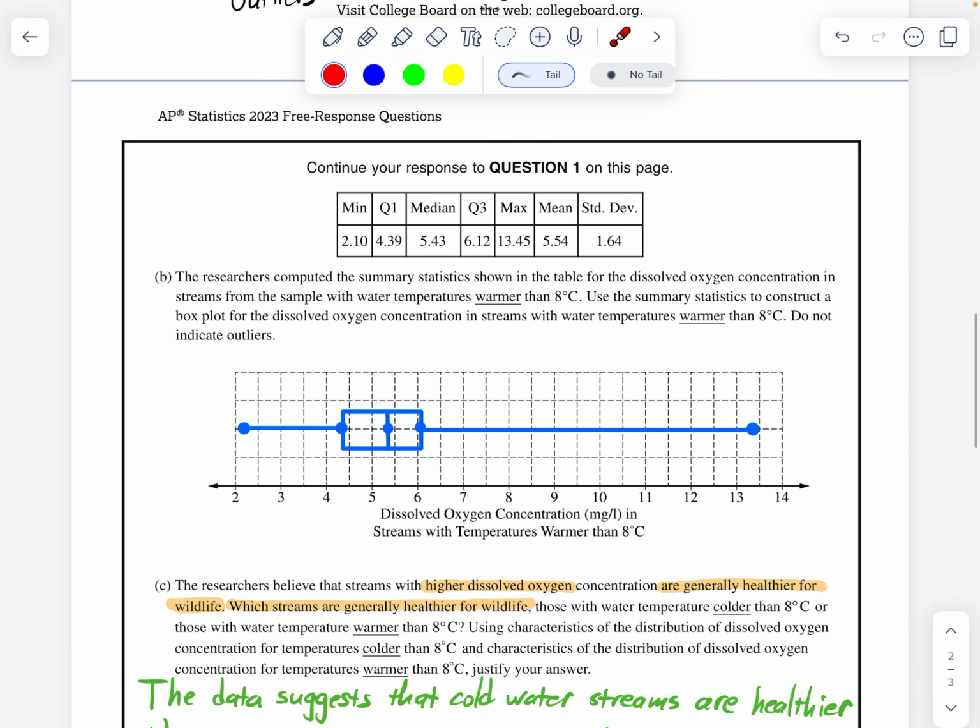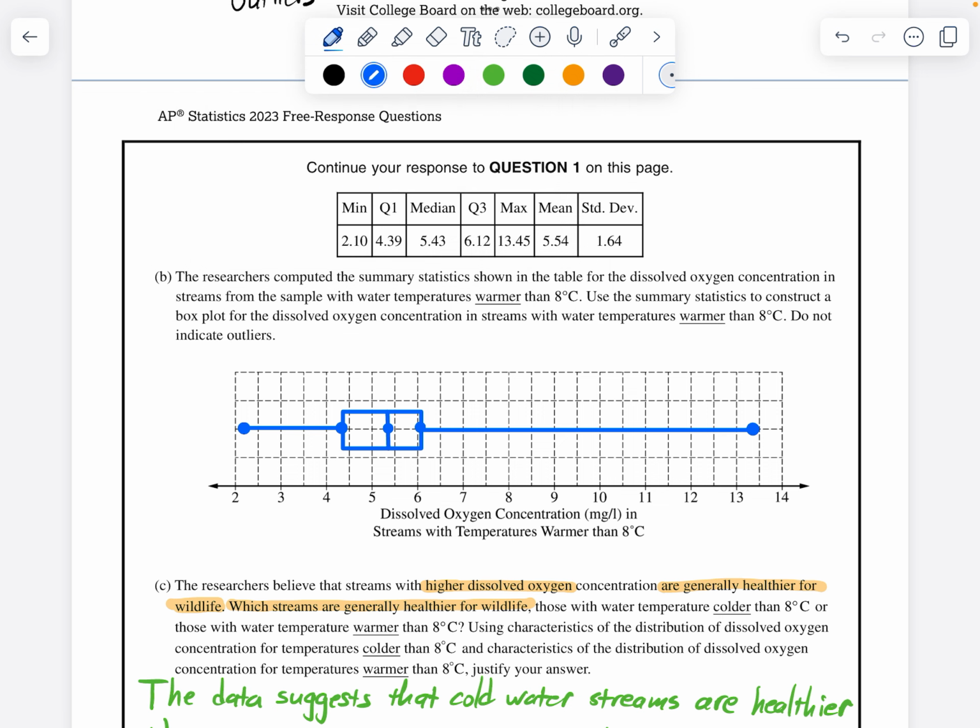The second one now says the researchers did the same thing for streams that were warmer, and they gave you the summary statistics like your calculator or the applet would give you. And all they're really saying here is to make a box plot. So I've already done it, but I'll make the connections for you.